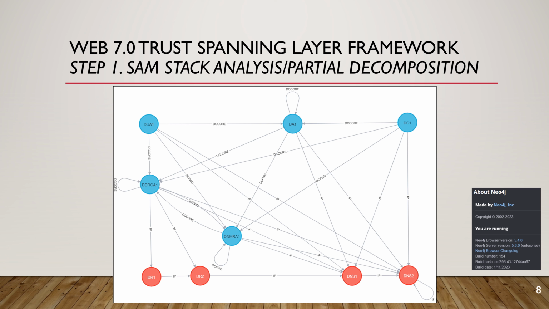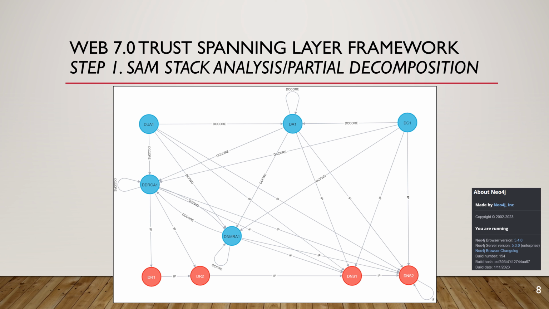To help automate some of this process, we encoded that previous diagram, and I'll show you the encoding on the next slide, and ran it into Neo4j to do a visualization. Neo4j is a popular graph database, and they have a very popular free desktop version of it.